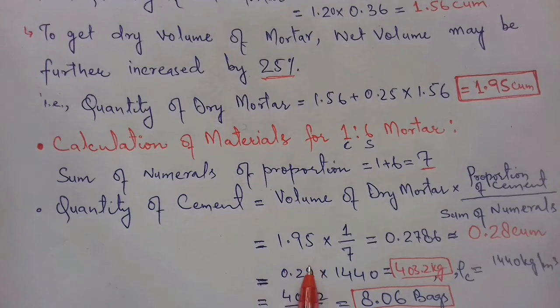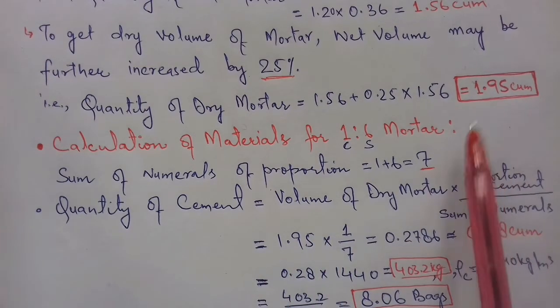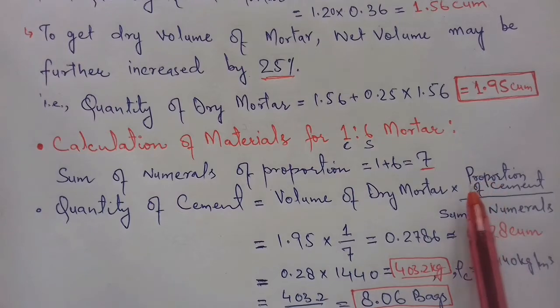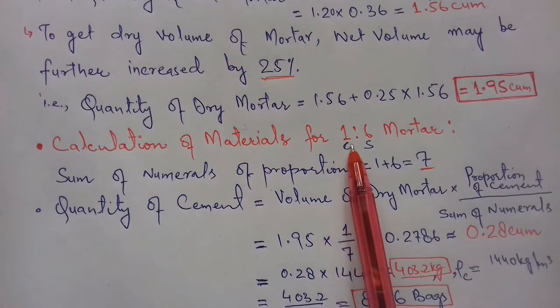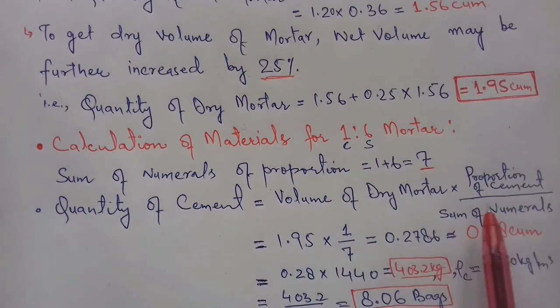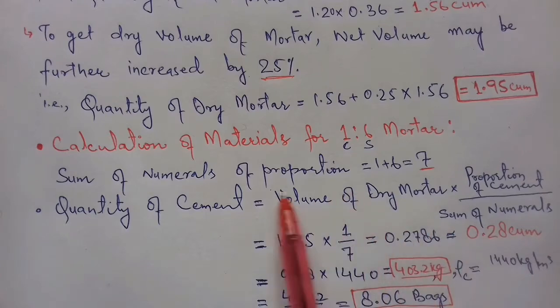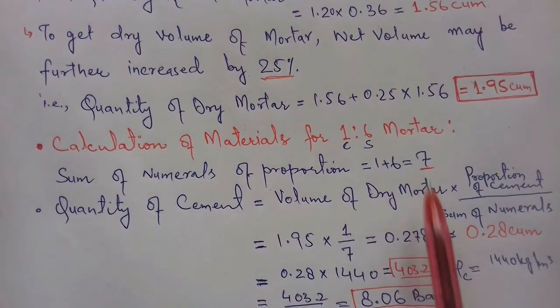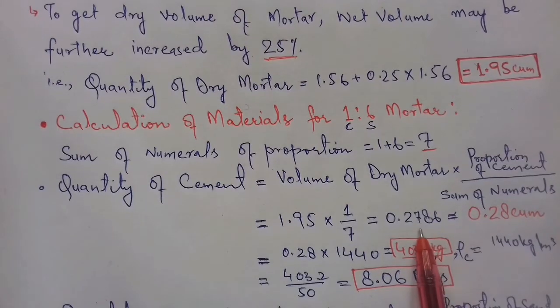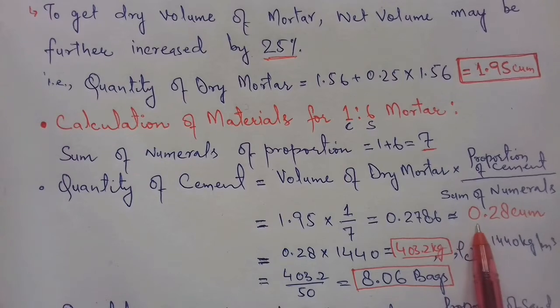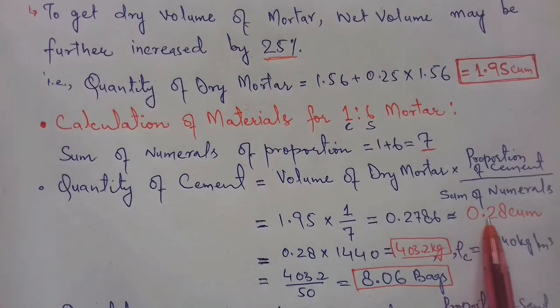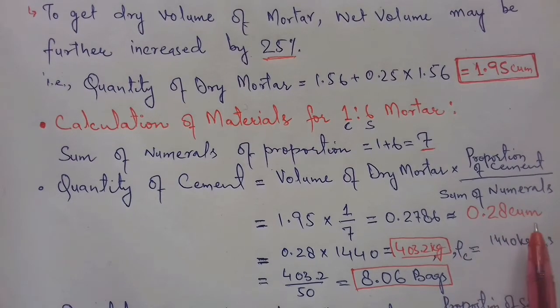Here the volume of dry mortar is equal to 1.95 cubic meter as calculated here, multiplied with the proportion of cement, that is 1, divided by the sum of numerals of proportion, 7. So after calculation we get quantity of cement equal to 0.28 cubic meter.